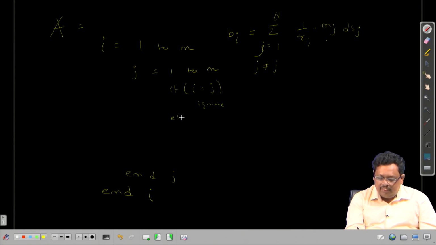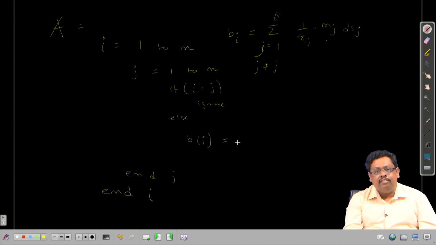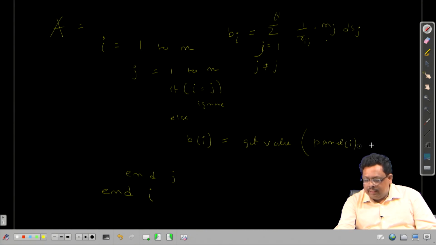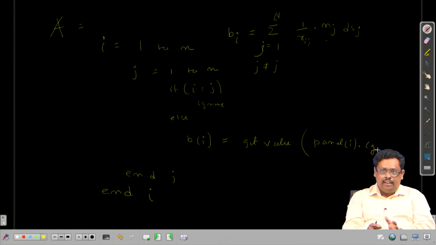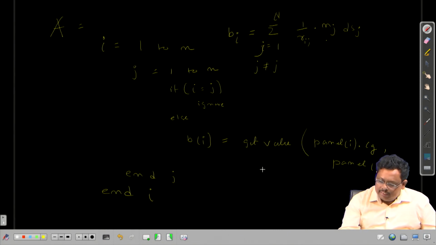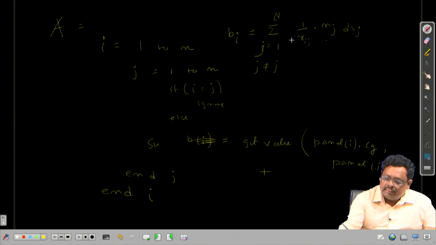And else if i not equal to j, then you set your B i, again writing a function which is get value, something like this. Here you can send the panel i C G, the center of the panel i, right, and also you need to send the panel j, and then this plus your sum, because it is a summation.